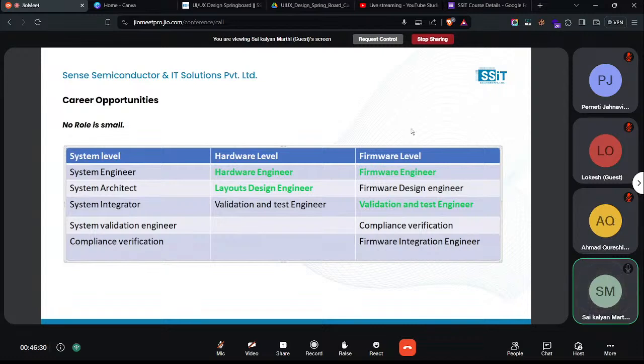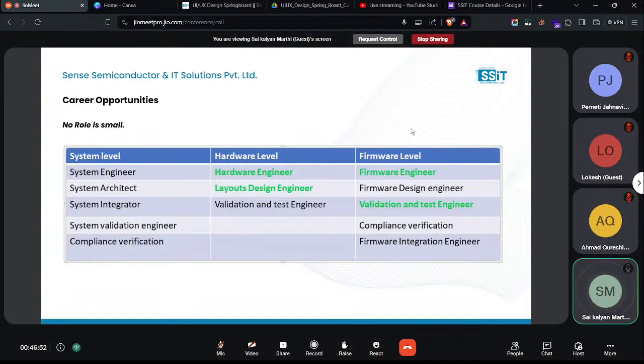So we are going to have hardware requirements separate and firmware requirements separate. The system engineer, or system architect, is the one who is going to develop the whole system, and the block diagram level of the system is developed there. The system level engineers are a little experienced, from my point of view.